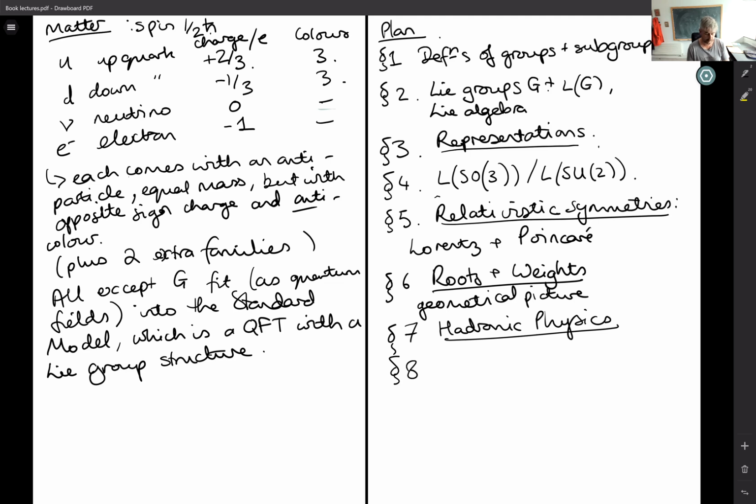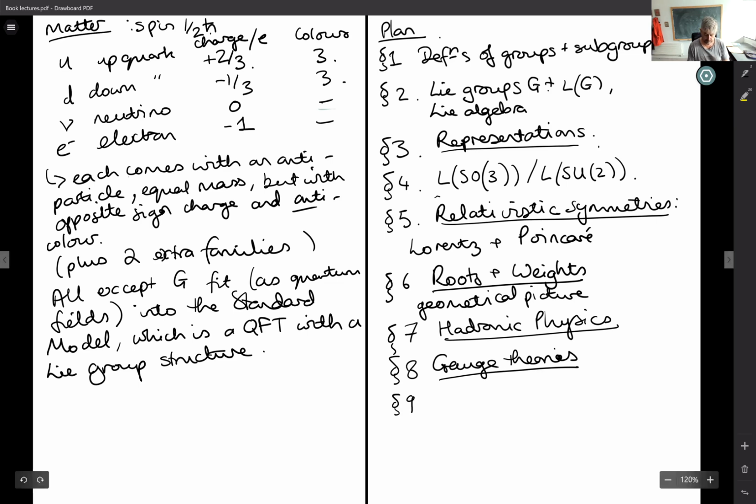Then we'll look at field theories for this gauge theory case, where you make sure that you can do different transformations at different space-time points, and it should still be a symmetry of the theory. So the standard model is built really on gauge theory. So these are essential for understanding that.